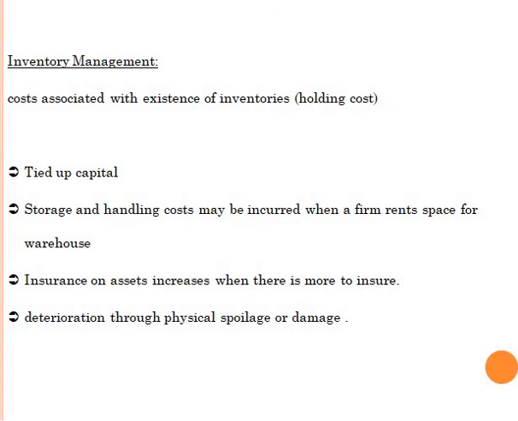So you are paying an extra amount of money in order to hold these items stored in your inventory. Also, when you have so many items in your inventory and items of value, you will have to pay some insurance to make sure that you do not get any thefts happening.